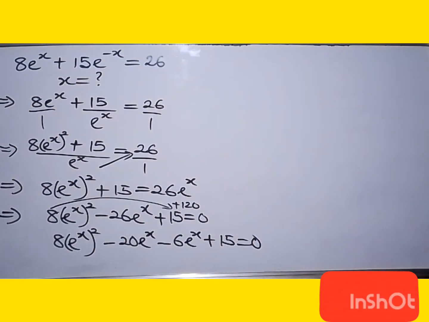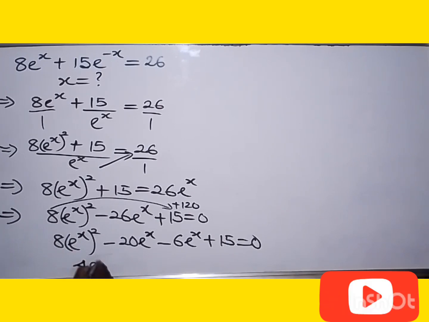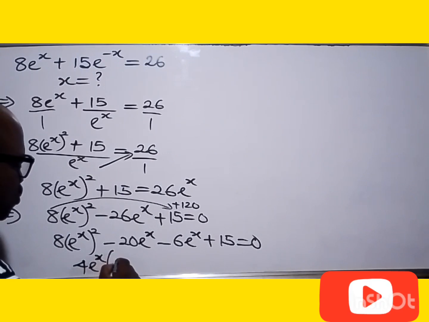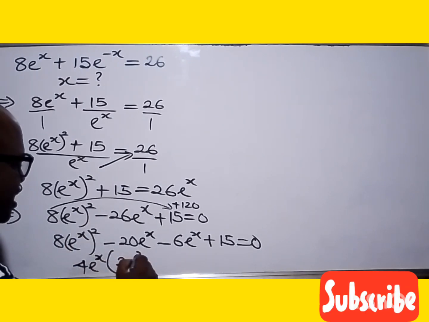We are going to pair them together. If we pair them, we look for what is common to these two. 8e to the power of x is not common. What is common to these two is 4 e raised to the power of x. 4 into 4 here will give us 2, then we are going to have another e to the power of x here.